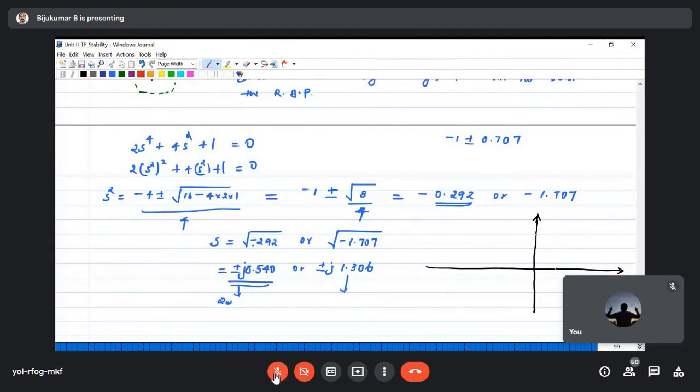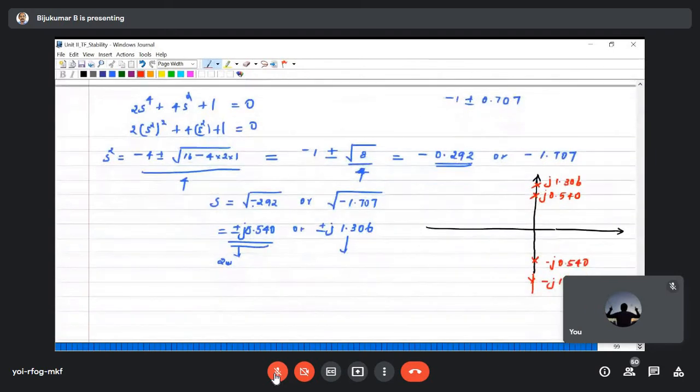So if we take the first one, it is j0.540 and there will be a minus j0.540. You can see that both these poles are radially opposite. And one more set of poles is there, that is plus j1.306 and this becomes minus j1.306. So how many roots lie on LHP?